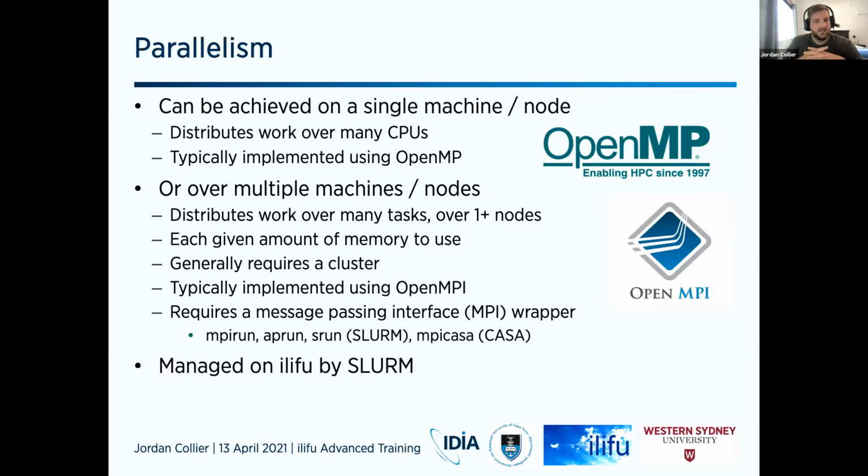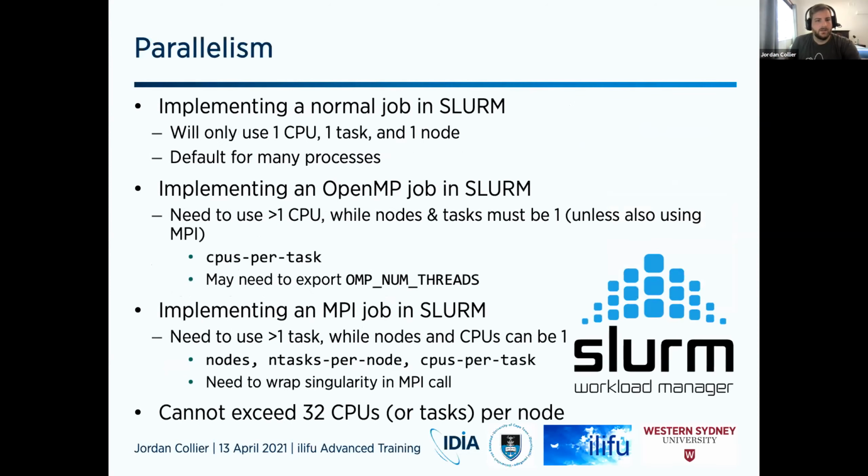And each is given an amount of memory to use. Generally, we're talking about doing this on a cluster and using OpenMPI, message passing interface. And this requires an MPI wrapper like mpirun, aprun, SLURM's srun, or the CARTA radio astronomy software uses mpicasa. And on SLURM, on ilifu, we can achieve this through SLURM. And so here are some examples, just expanded a little.